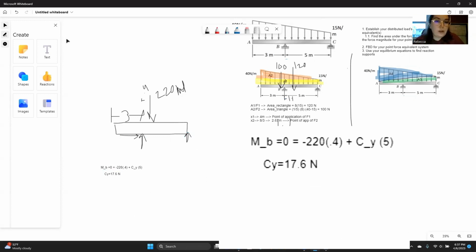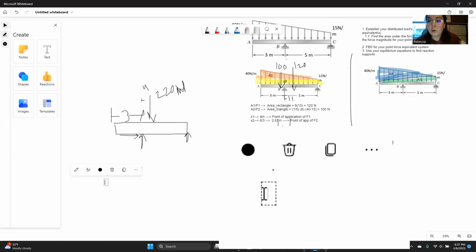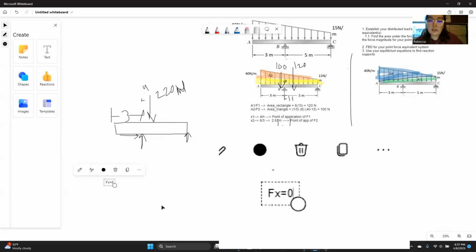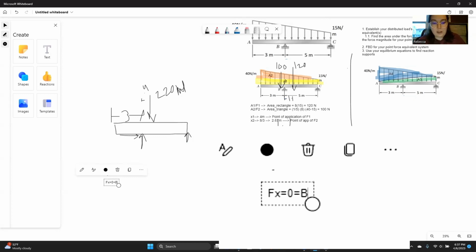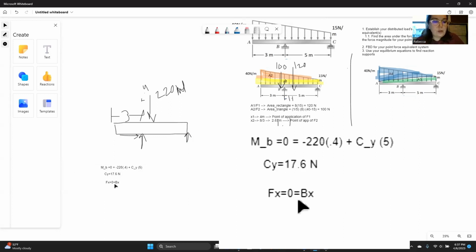We could then do another summation of moments, about Cy, or I like to go in then with our summation of forces in X and summation of forces in Y, just because I think it's what we're most used to. So summation of forces in X is equal to 0. The only X force that we have here is Bx, and therefore Bx must be equal to 0.